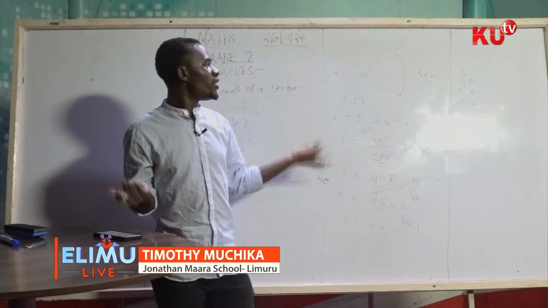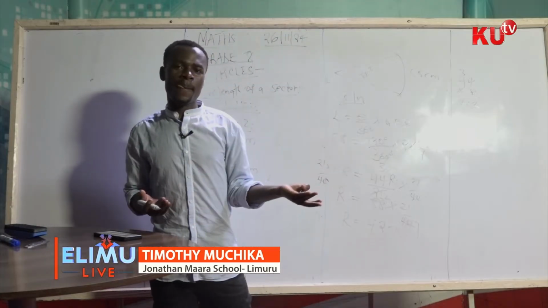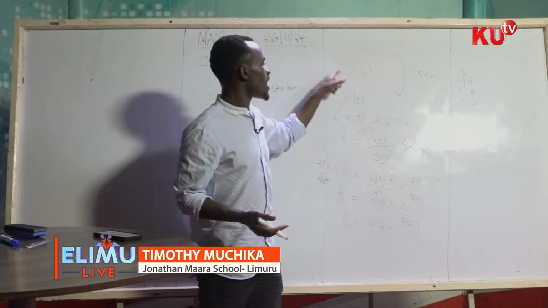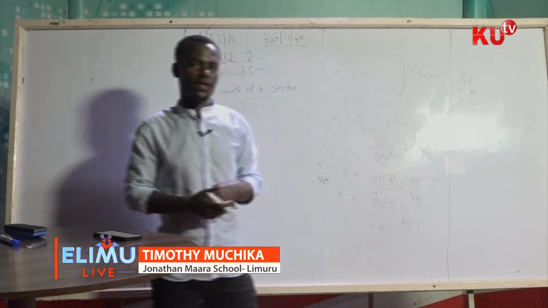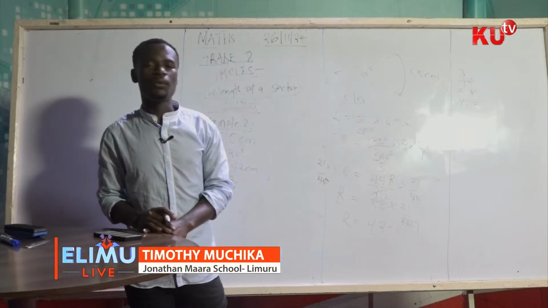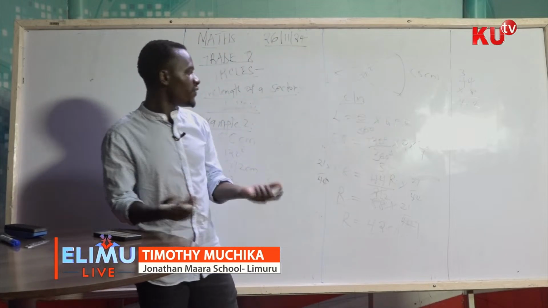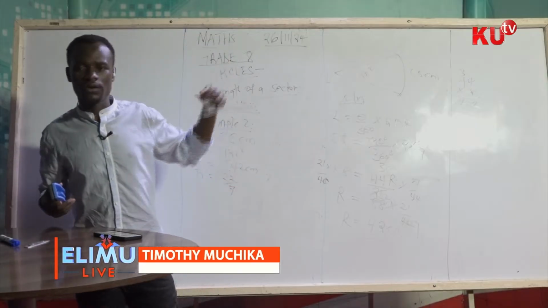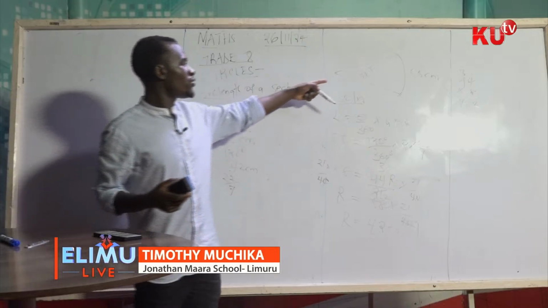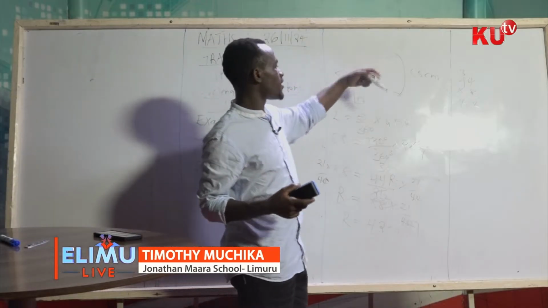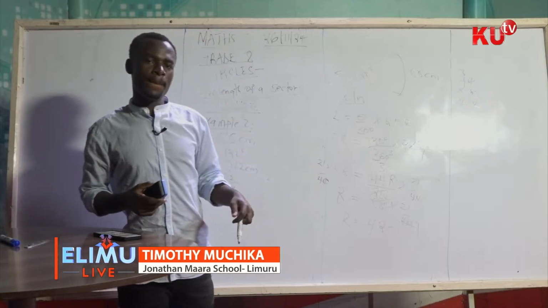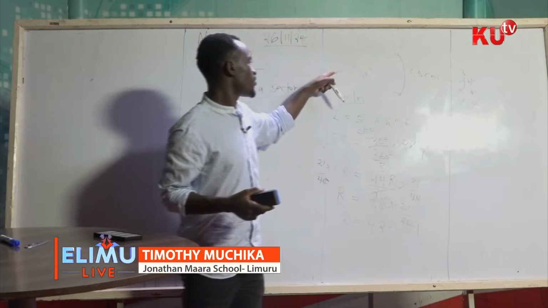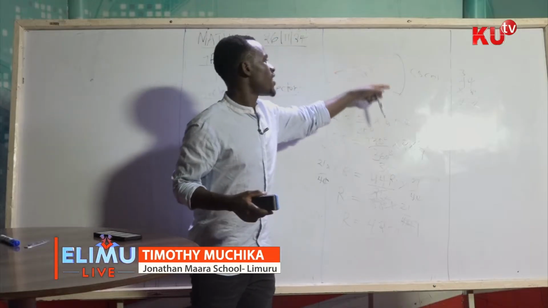The only new thing arising is that we are going to add this radius and this radius to the arc length. From the definition, perimeter is the distance all around the figure.